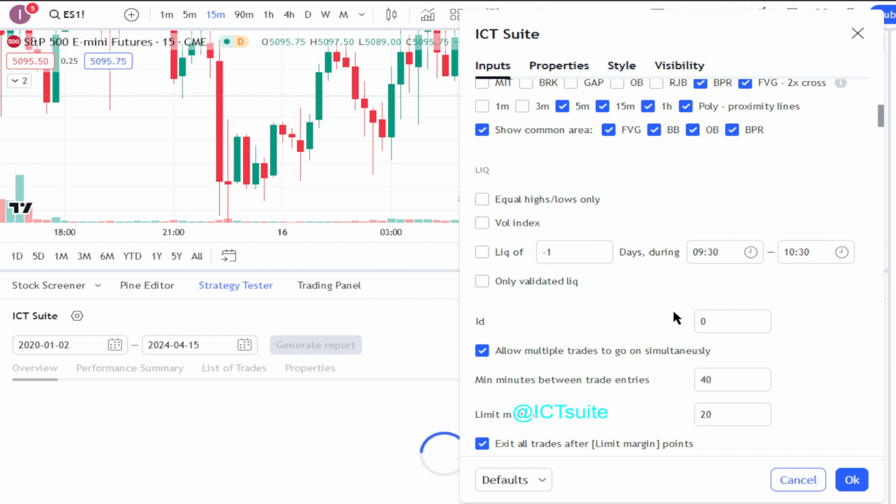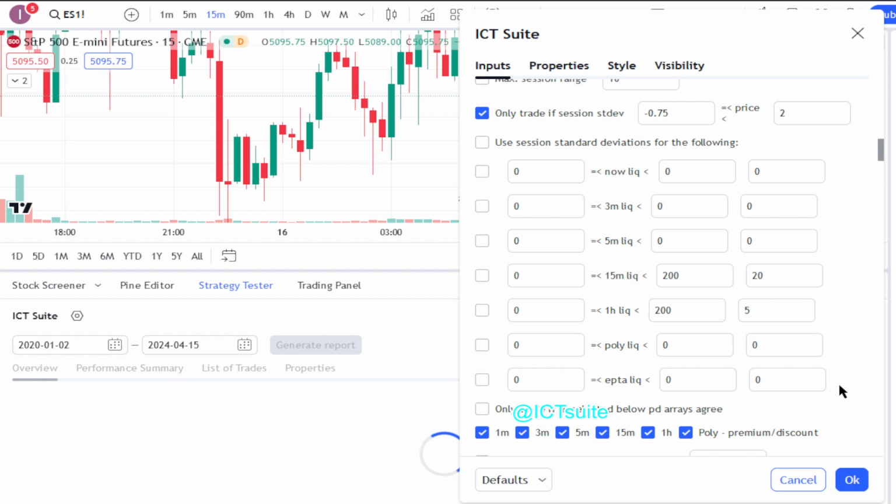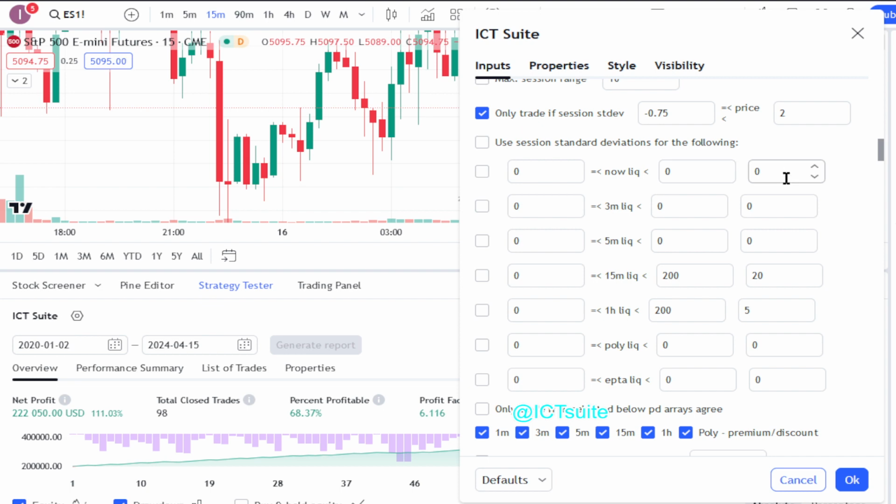We have validated liquidity, and then you have EPTA liquidity as well. And then you can select where you like your liquidity to be resting, how many points away, if you want to have opposing liquidity or not, and so on.